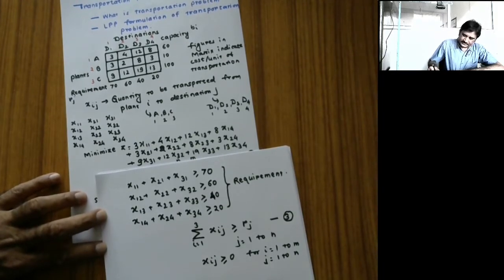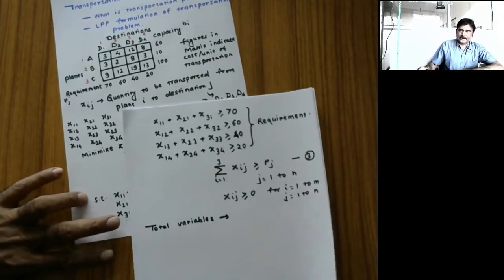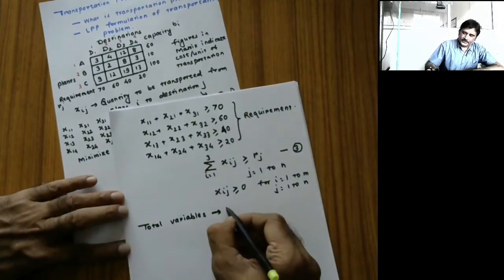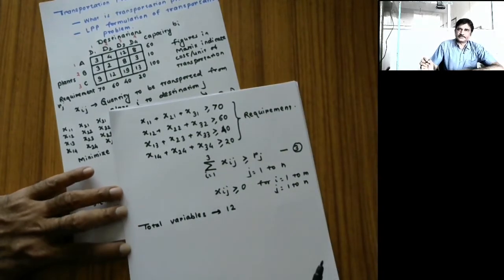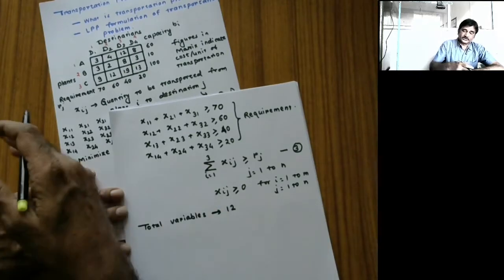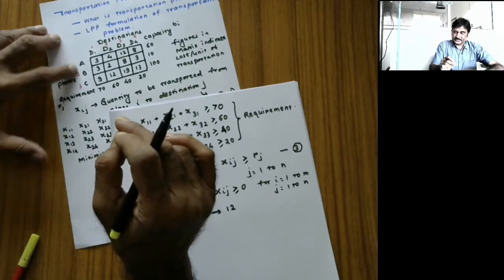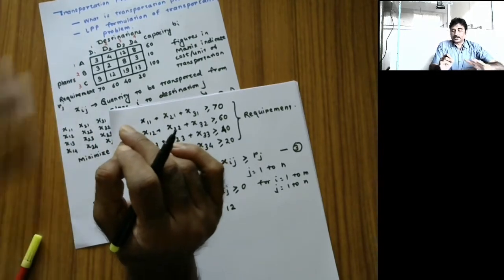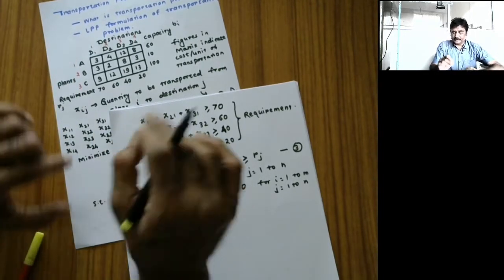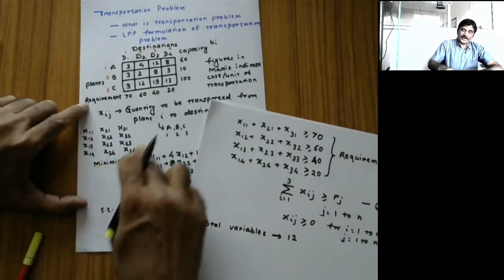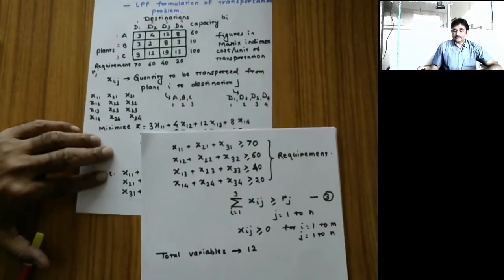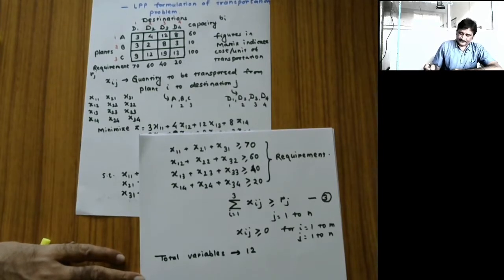We have seen those are 12. Because there are three plants, indexed as 1, 2, 3, and four destinations, you have 4 into 3, 12 variables.